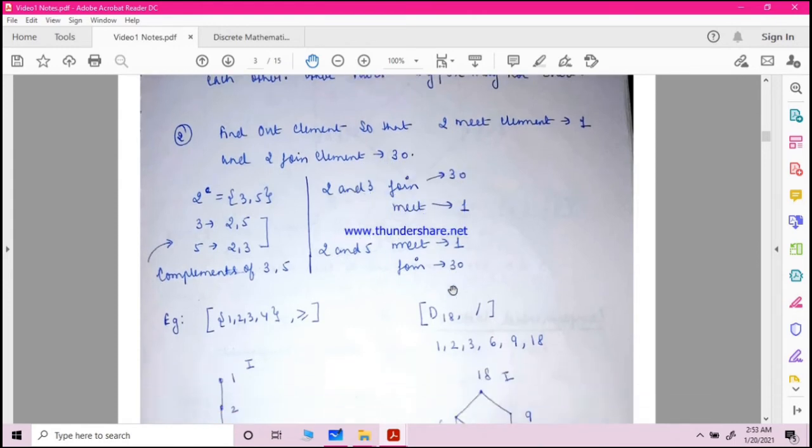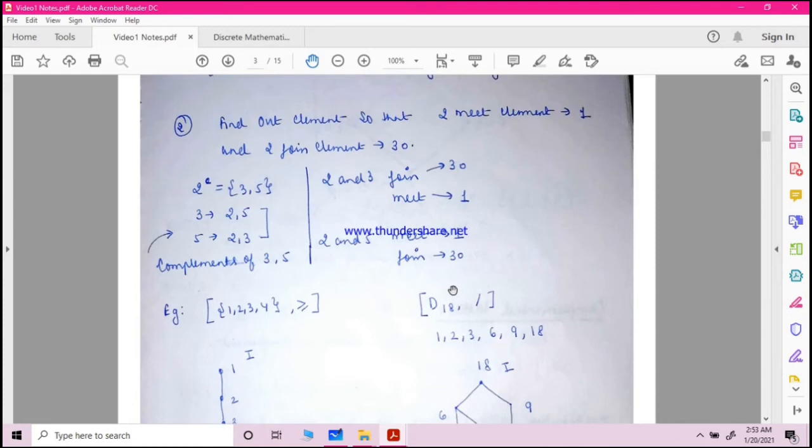And the second point: find the elements such that the meet of the two elements is 1 and the join is 30. So there is element 2, and you have to find the meet that gives you 1, and the join that gives you 30. So this is how you can simply find the complement.